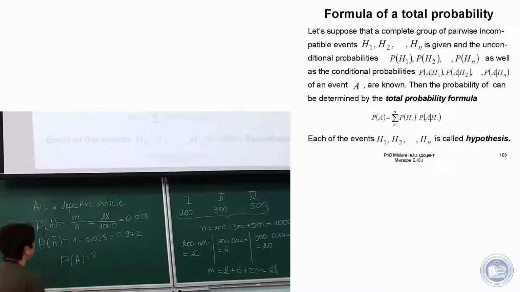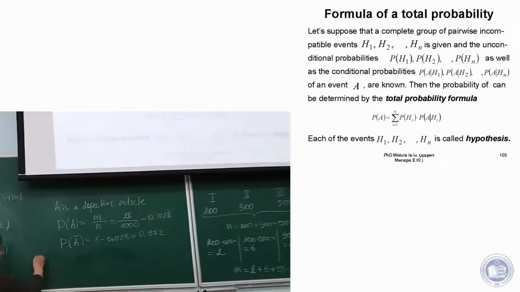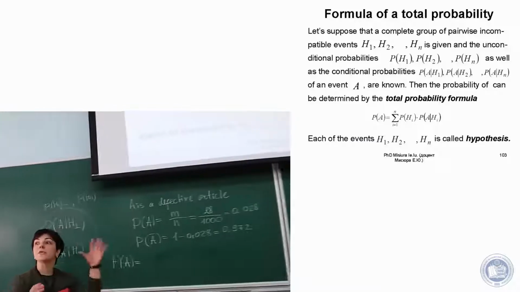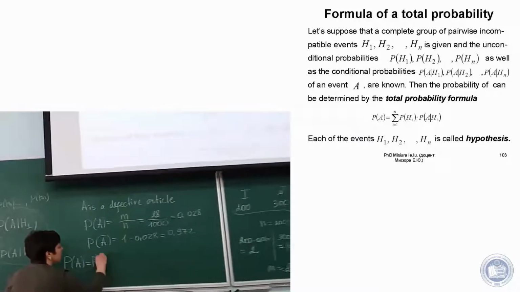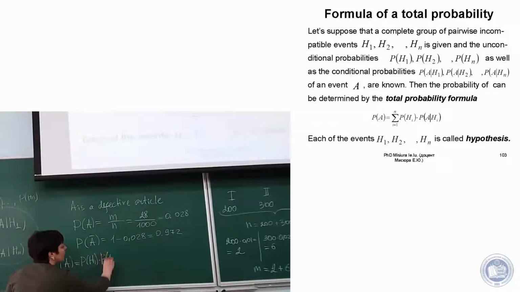Let's copy out. P of A will be, if you take first hypothesis, P of H1 times P of A under condition H1.